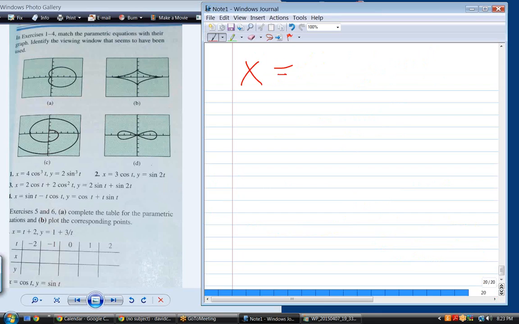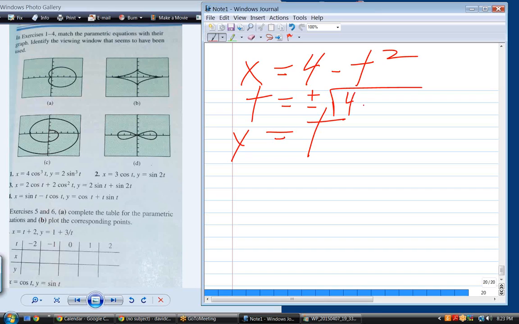X equals 4 minus t squared, y equals t. That's good. That's already solved. Let's solve for t up here. T equals plus or minus the square root of 4 minus x, I believe.